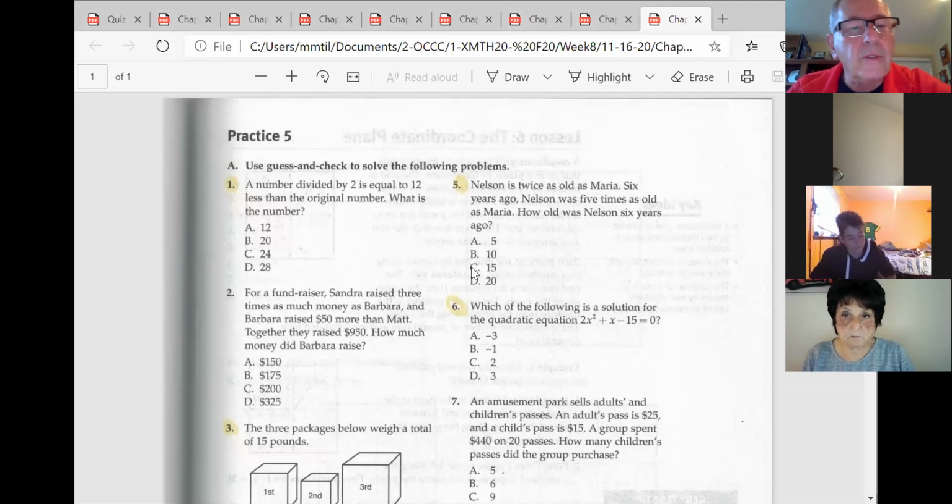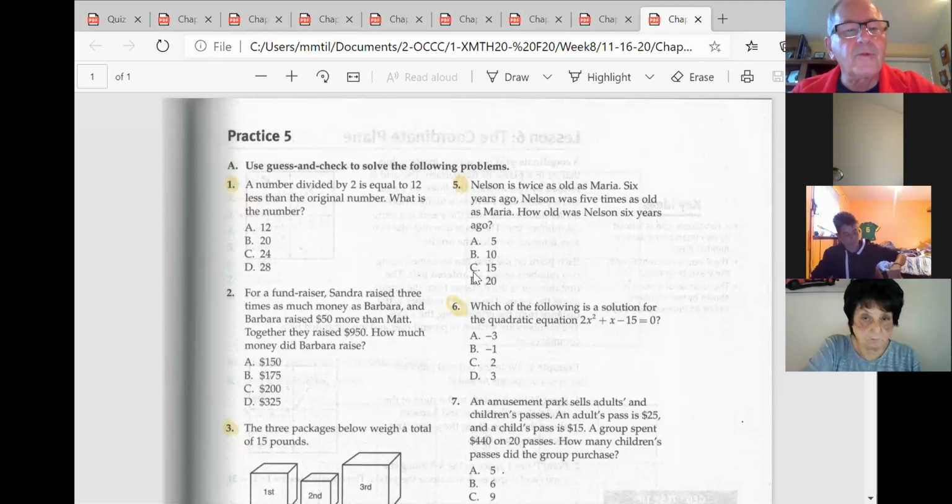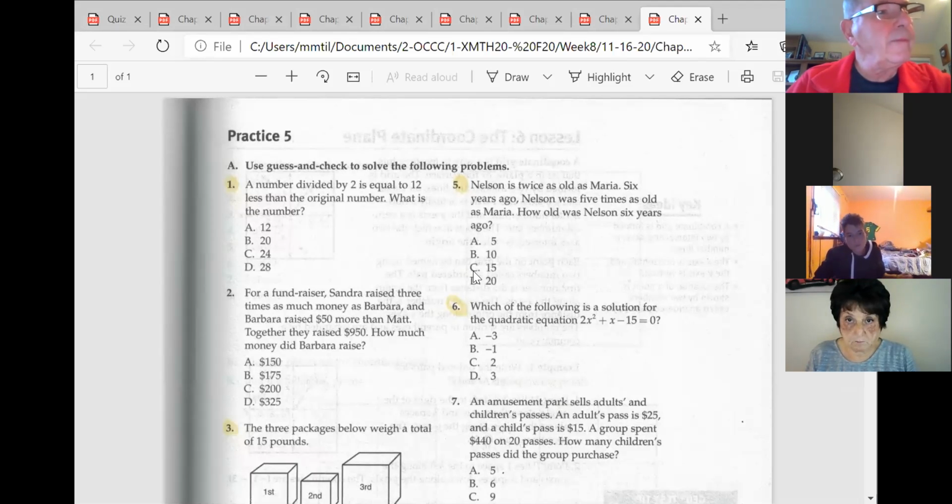Okay, here's the question. A number divided by 2 is equal to 12 less than the original number. What's the number? How do you do that? A number divided by 2.